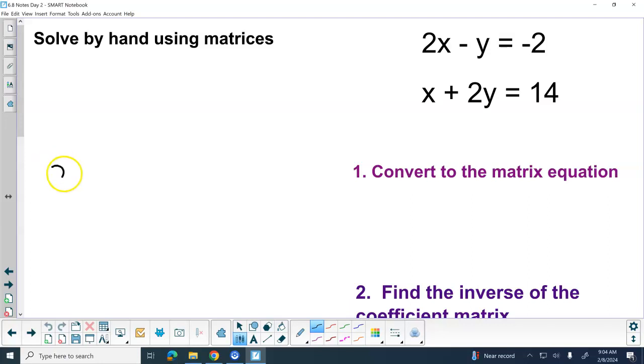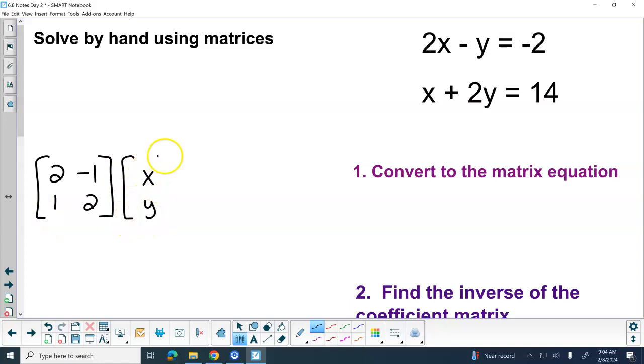So a 2 by 2? 2, negative 1, 1 and 2 you said? Okay, next one. x and y. Vertically, right? And then equals, vertically again, right? Okay. With me on that. You guys do this one.